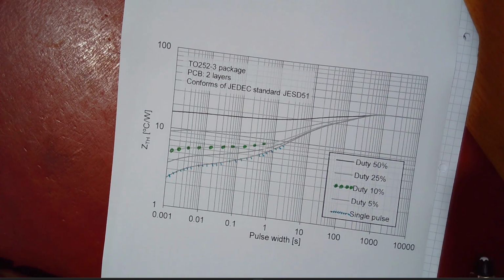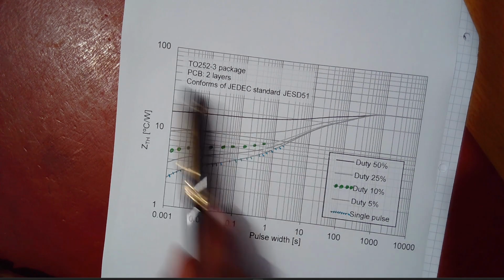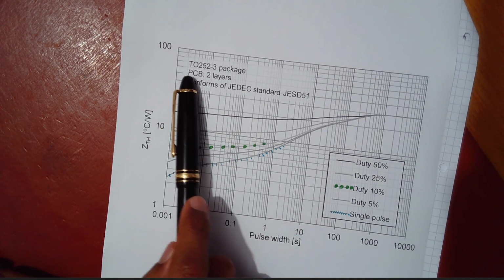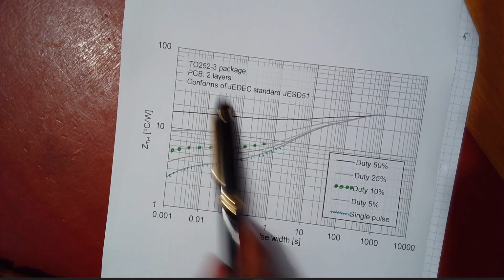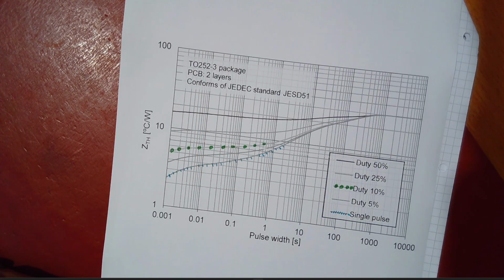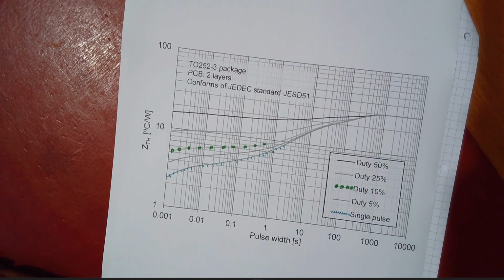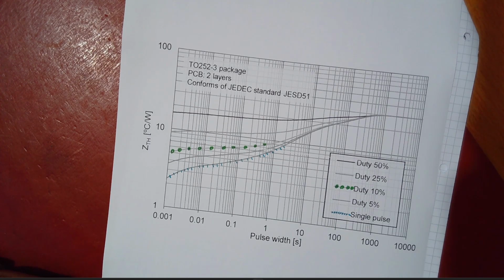The target of this simple tutorial is to calculate the junction temperature of the semiconductor device. In this case, it is the TO-252-3 package. There are 4 different duty cycles here. I will assume different power losses, as this can be either measured or can be calculated from simulations or other theoretical calculations.